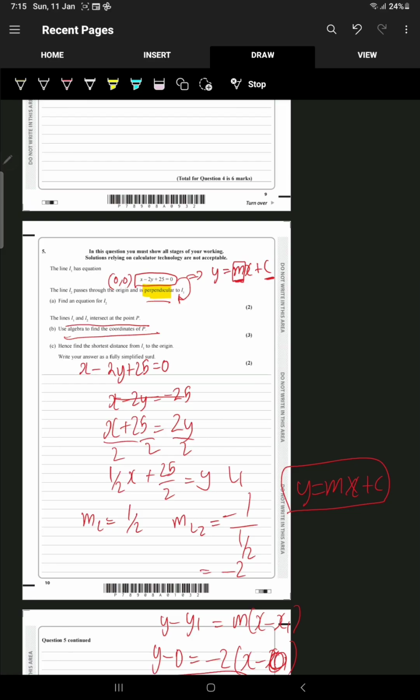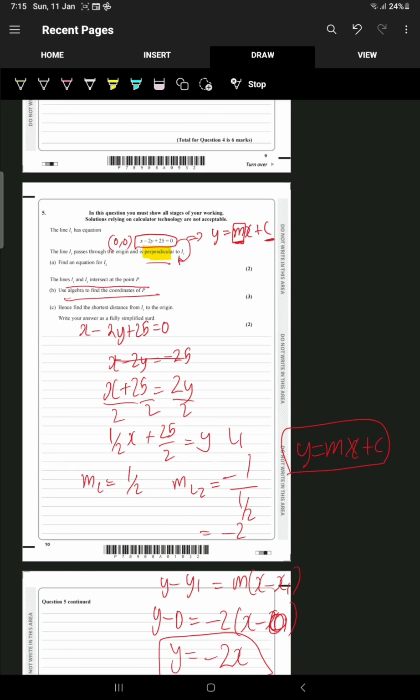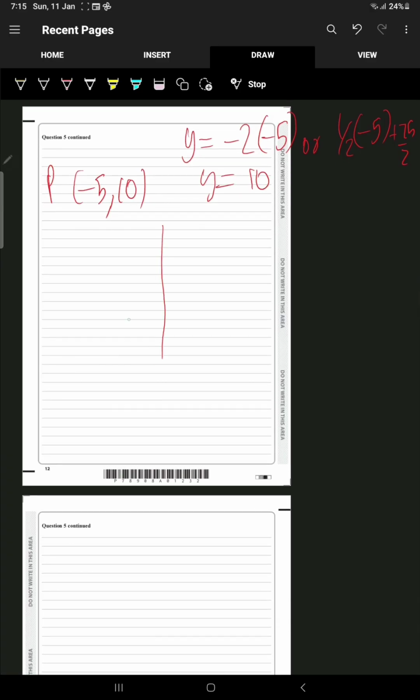Alright, hence find the shortest distance from L1 to the origin. Now we have this point of intersection over here, hence you have to use something from the earlier question.